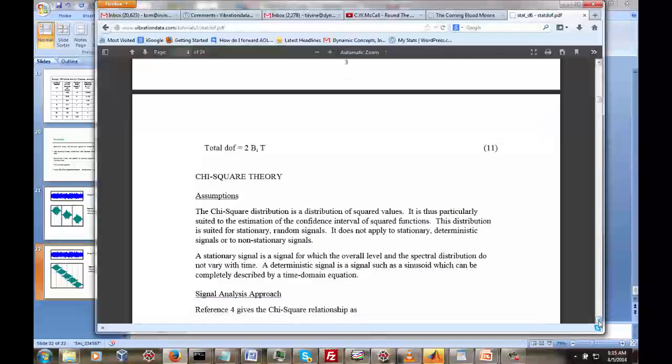So for our chi-square distribution, I do not have a PhD in statistical theory. I've had one college course in it, but to really understand chi-square distributions, I would have needed a second college course in statistics. But what it is, it's a distribution of squared values.